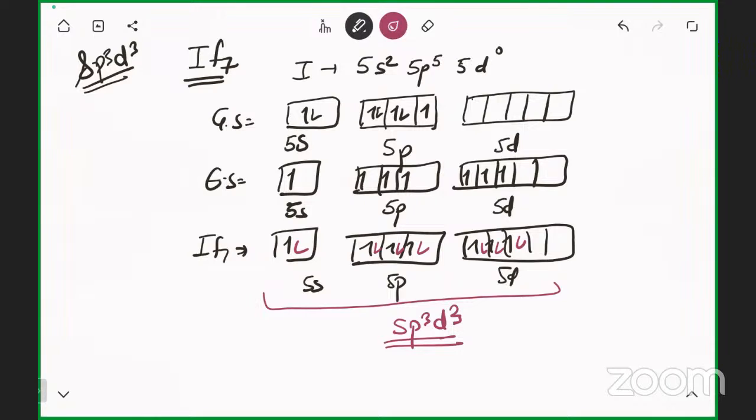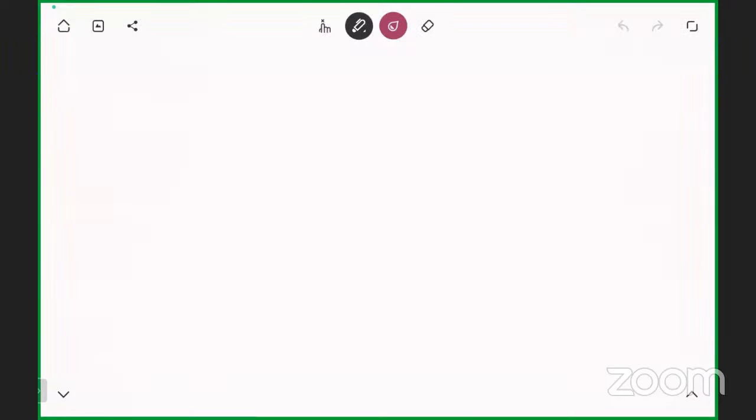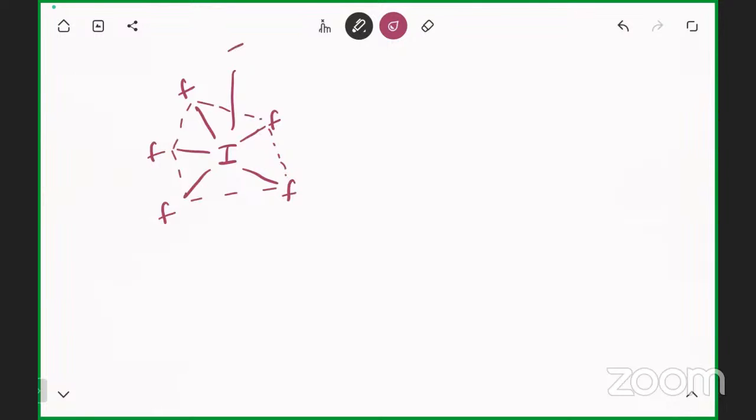Why is it known as pyramid? I'll tell you now. The shape: iodine in the center, and this one is fluorine, fluorine, fluorine, fluorine, and fluorine. Just join them. So this is a pentagon, with one fluorine above the plane and one fluorine below the plane.